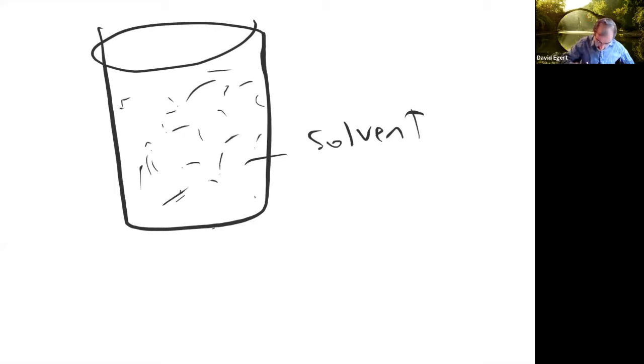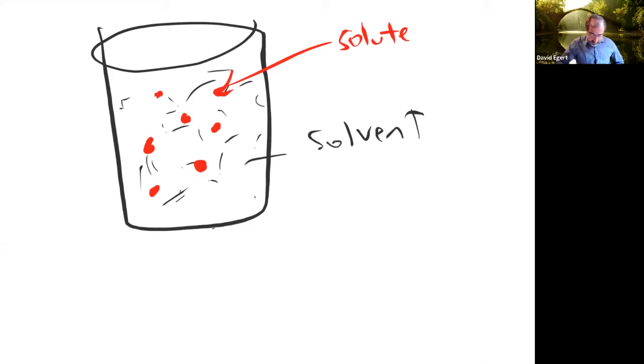There's the solute, which is the stuff in less quantity that is dissolved in the solvent. So this is my mixture here. I have the solute in the solvent. There are 3 different versions of these mixtures, and I'm just going to briefly talk about that because it's going to make part of this lab make more sense.